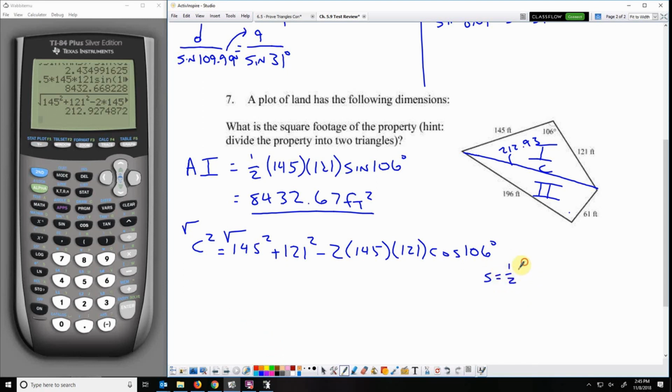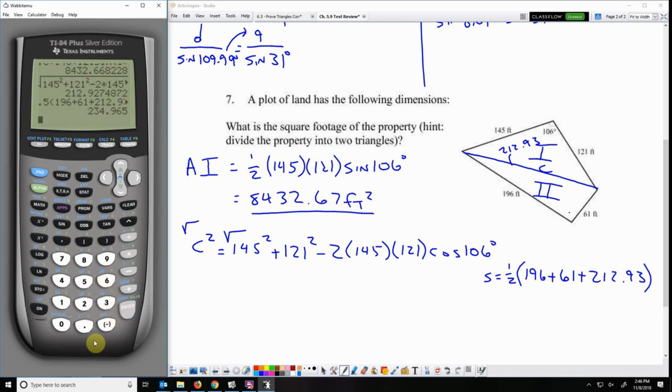So that's half of 196 plus 61 plus 212.93. So I get 234.965.